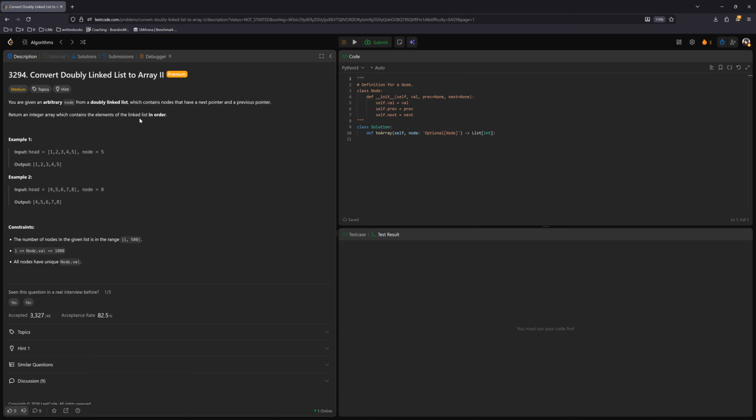Jeez. LeetCode 3294. Convert doubly linked list to array 2. You're given an arbitrary node from a doubly linked list which contains nodes that have a next pointer and a previous pointer. Return an integer array which contains the elements of the linked list in order.